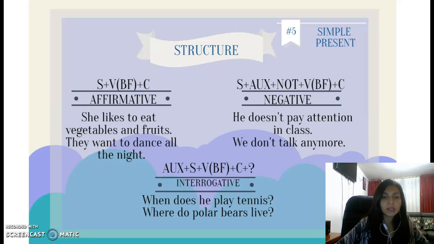In this case we have the auxiliary plus the subject plus the verb in basic form plus the complement plus the question mark. So the examples are, when does he play tennis, or where do polar bears live? I don't know.